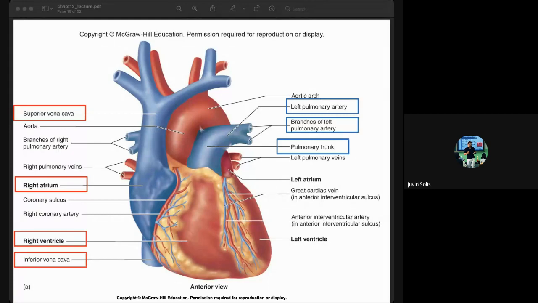Okay? So, kung yung right ventricle natin, right ventricle dapat. There you go. I'm sorry. Ito pala. Si right ventricle, ito yung mag-open dito kay pulmonary trunk natin.